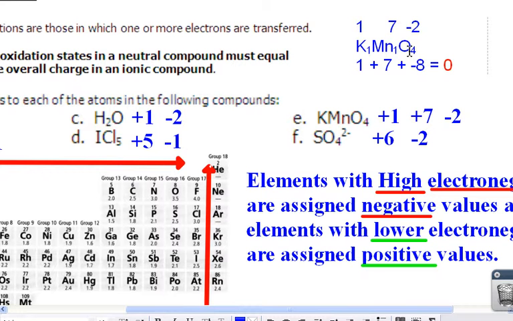So in order to have the combined charge of the potassium, the manganese, and the oxygen together to equal 0, we can see that the manganese needs to be an oxidation value of +7. So potassium's a +1, the oxygen's a -2, and there's 4 of them, so the manganese has to be a +7. Let's do the same thing to the sulfate.